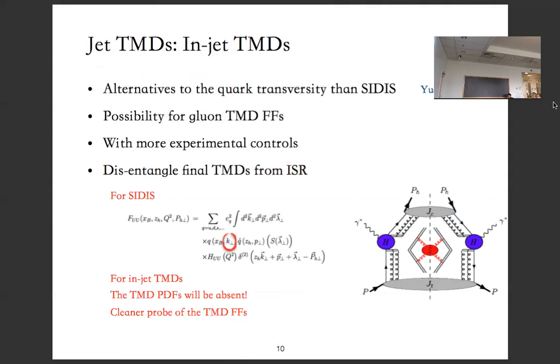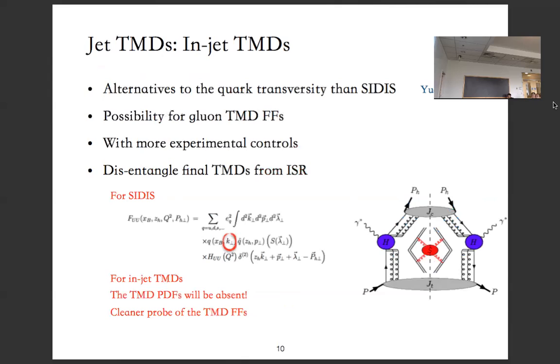For instance, just by shrinking the radius of the jet, you can reduce the contamination from unwanted soft radiation. This also disentangles the final-state TMDs from the initial-state TMD structure.